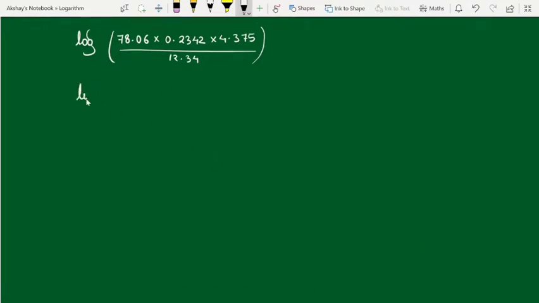So log of, come on, what I can write, 78.06 to the base 10. You can write this 10, otherwise leave it, because it is common logarithm. If nothing is written here, it is treated as 10. Okay, plus, next one what we have, this one 0.2342. Log of 0.2342 in base 10 plus log of 4.375, here also base 10.